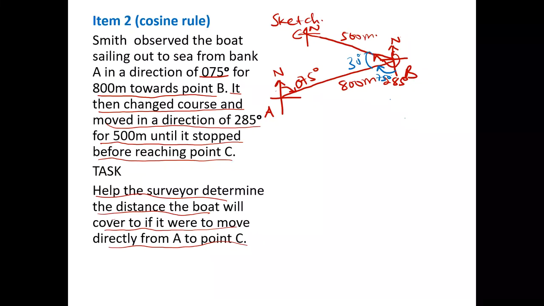So this will be our new triangle. The new triangle will be like this. This is A, B, and then here we shall have C. This is 500 meters, and then we have 800 meters, and the angle between those two sides is 30 degrees.